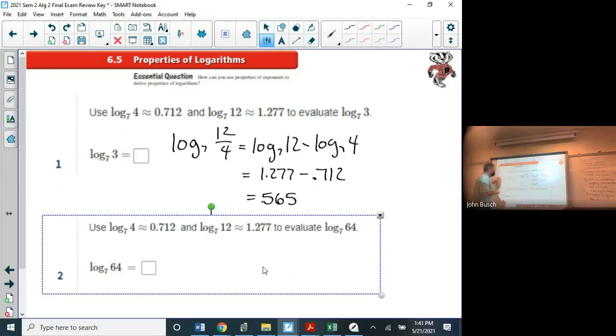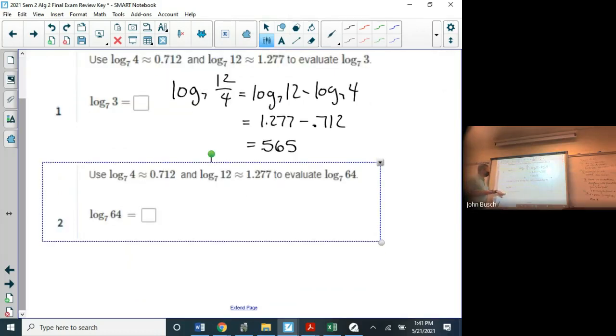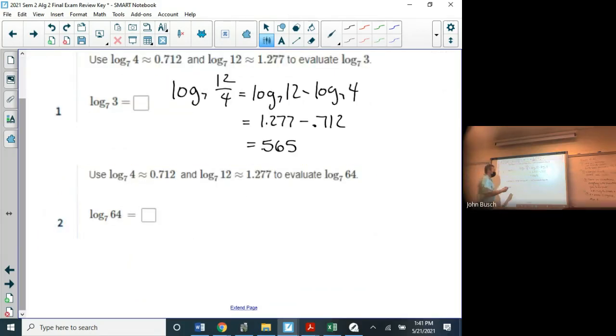Okay, so the next one, we've got log base 7 of 64. We can rewrite that as log base 7 of 4 to the third power, because 4 times 4 times 4 is 64. And that's 3 times log base 7 of 4.